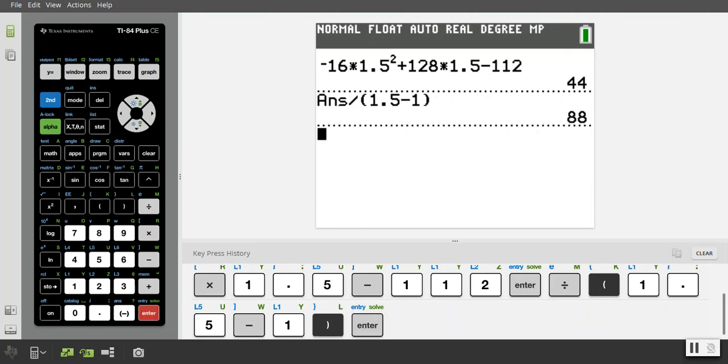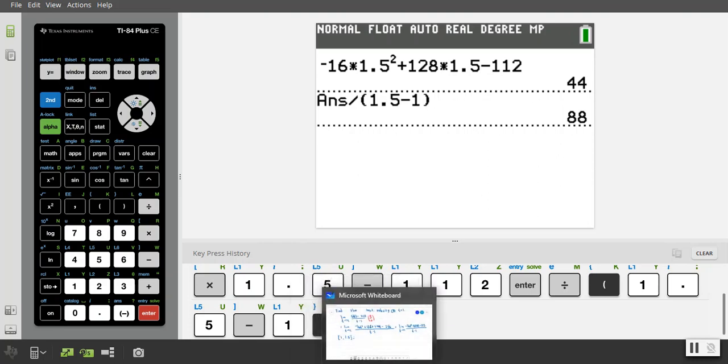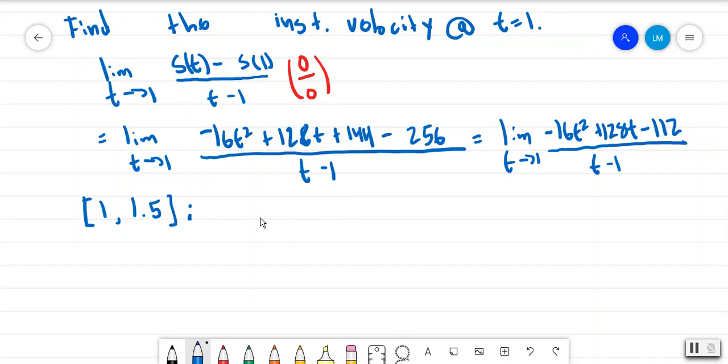And that gives us 88 feet per second. So if we find the average rate of change, this is the secant, and it equals 88 feet per second.